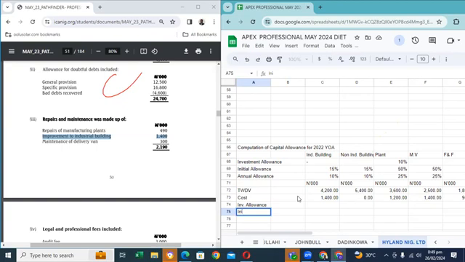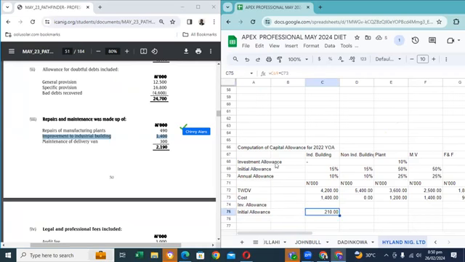The next one is initial allowance. Initial allowance is chargeable once in the lifetime of the asset, in the first year the asset is put to use. So we have initial allowance rate times the cost of the asset.